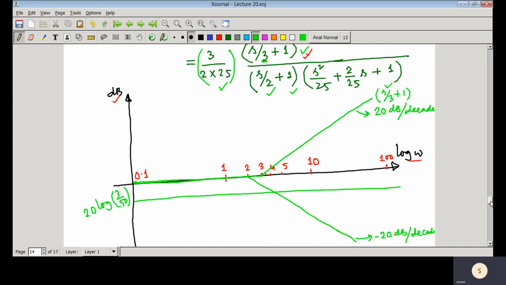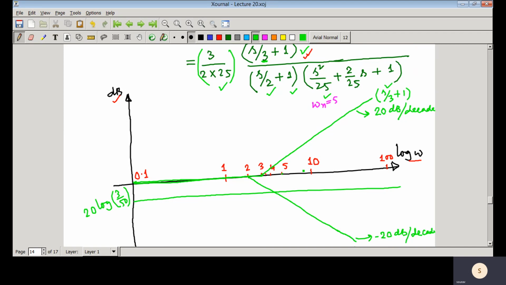Now let us see the plot for this term, s square by 25 plus 2 by 25 s plus 1. Here omega n is 5, because that is omega n square, and as we have discussed, the corner frequency would be omega n. So the corner frequency is 5 here.